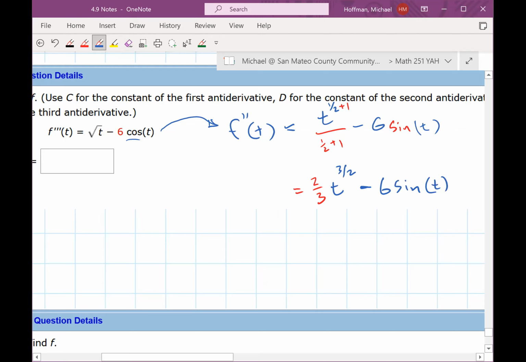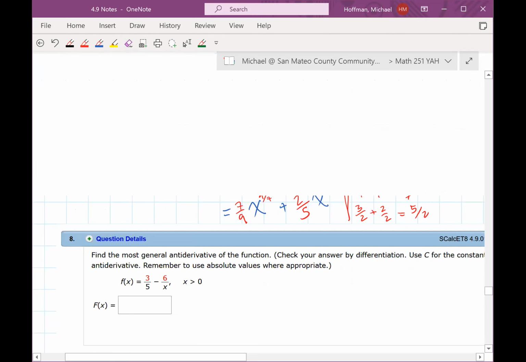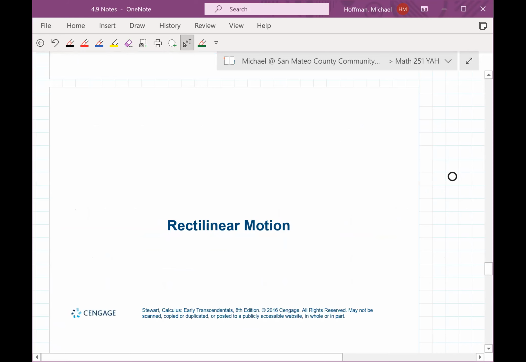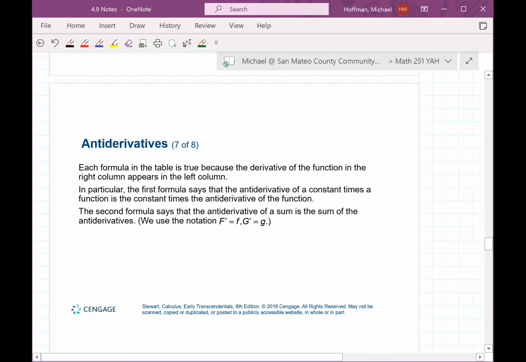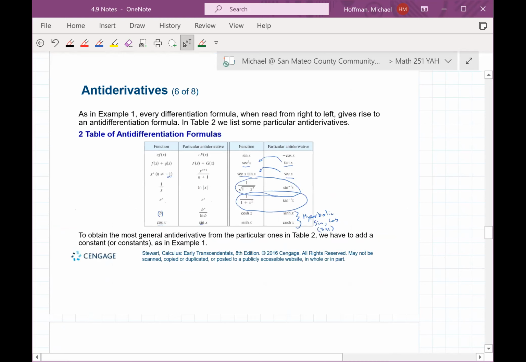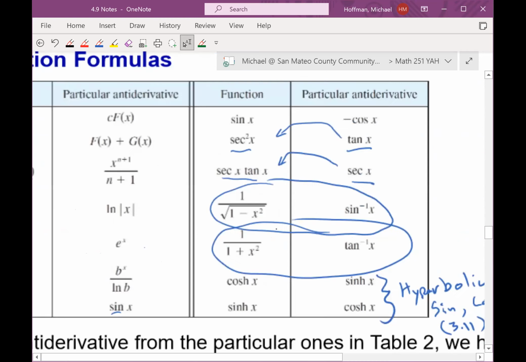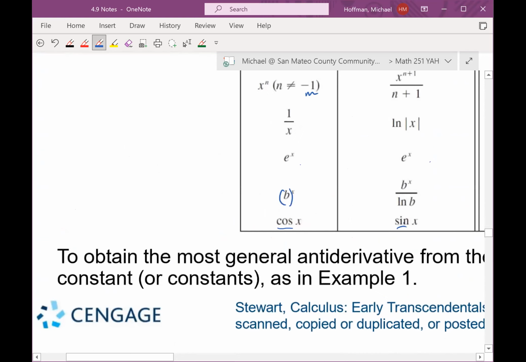And if you need a reminder, you can go up to this table, or you can look it up. I'm going to go up to the table and say, what were those antiderivatives again? There it is. So the antiderivative of sine is minus cosine. I was taking the antiderivative of cosine, and that's why it just stayed sine.